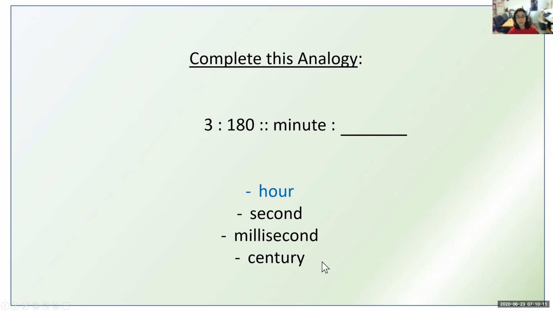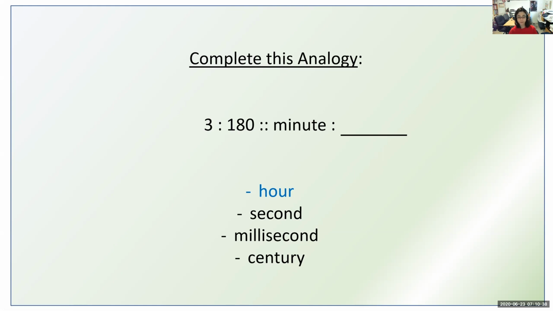Century is 100 years, which is way too huge. Minute to 100 years is way bigger than the times 60. That's why we have hour. Minute times 60 equals 1 hour. So our full analogy reads as 3 is to 180, just as minute is to hour. So again, 3 times 60 equals 180, just as minute times 60 equals 60 minutes, which is the same as an hour.